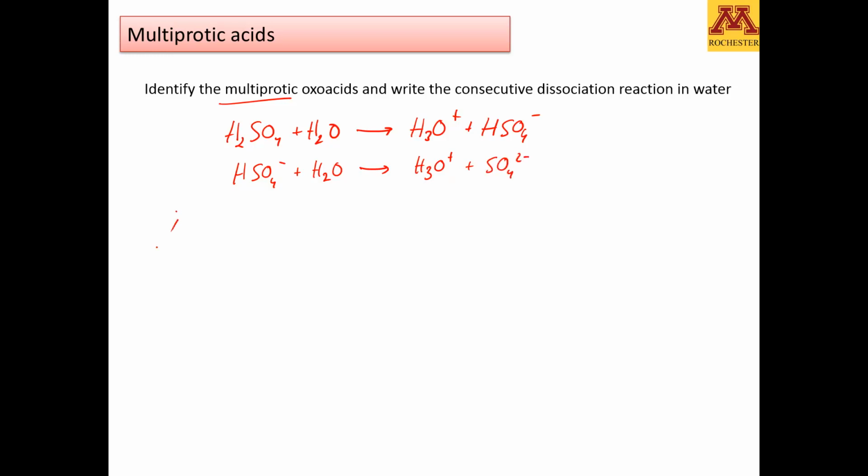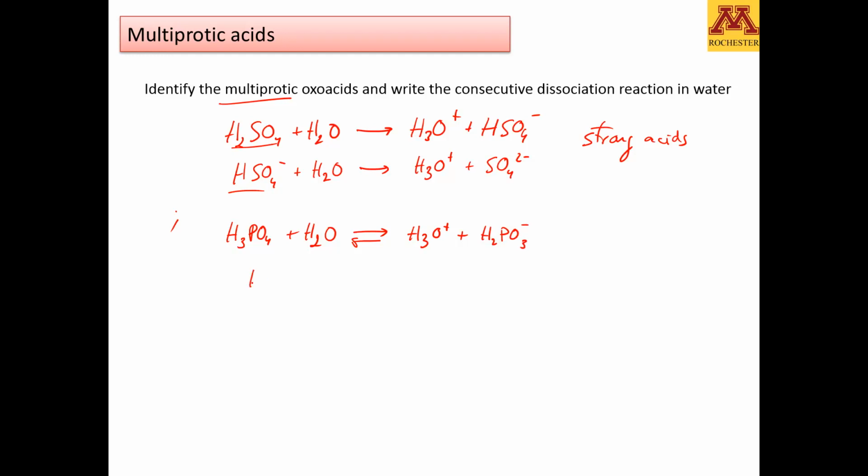Alright, the same goes for phosphoric acid in water. It can give up to 3 protons. In this case, we will talk about that, but these are both strong acids, so that means they are completely dissociated to the right. Phosphoric acid, you'll have to memorize that in the next video, is a weak acid, so we draw the arrows back and forth because only a certain amount will be dissociated, and so you have the so-called dihydrogen phosphate.